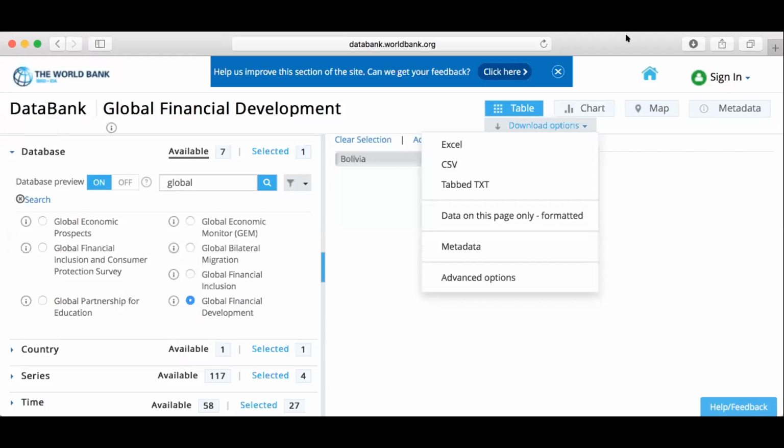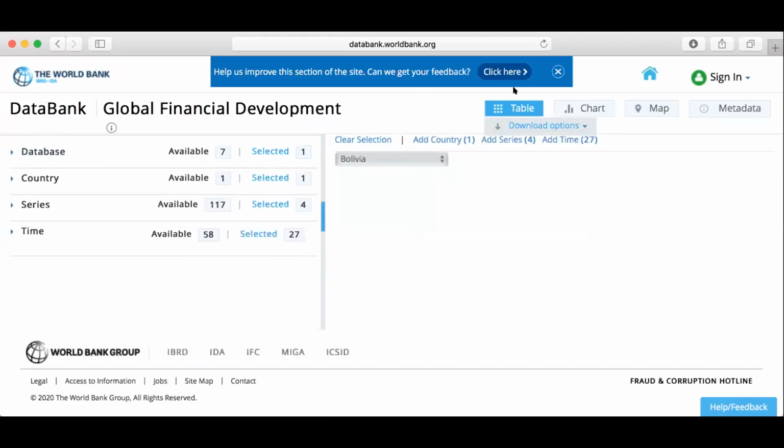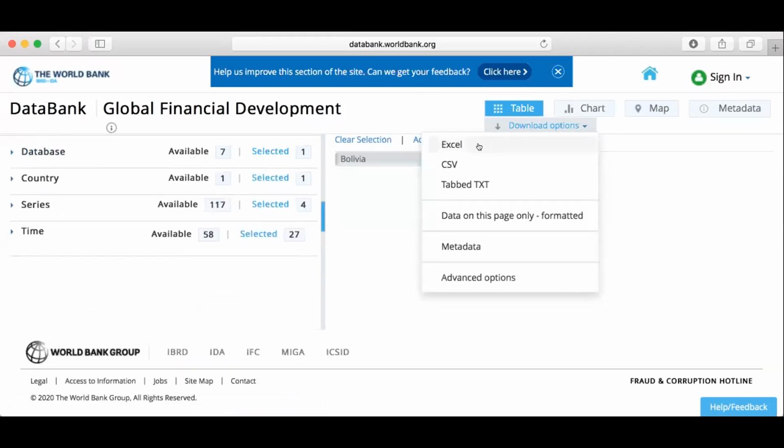Can you see it? Just press on Excel. Yeah, I do, but it doesn't download. Very strange.